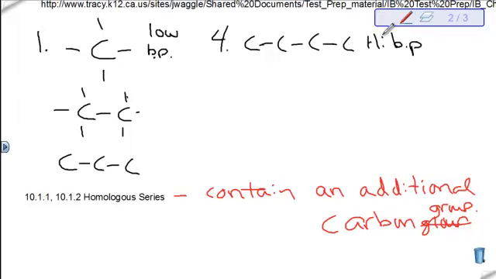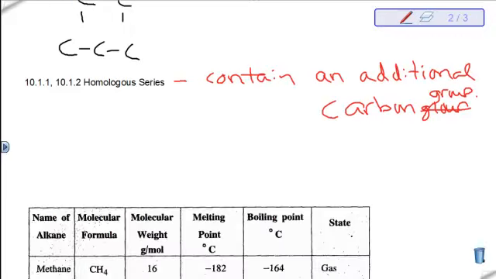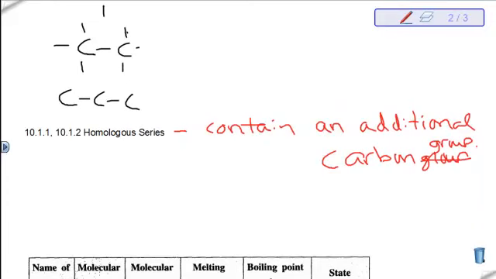Now, when we add the issue of branching, for example, now this would not be a homologous series, what I'm about to draw, but I feel like I need to do this right now. It's a 5-carbon. There's pentane.